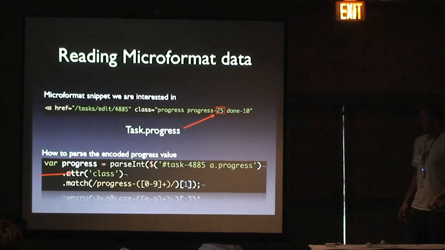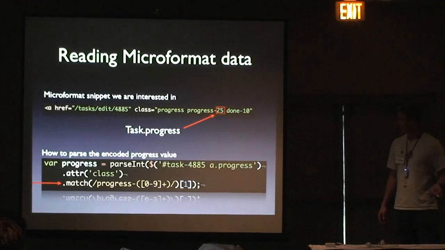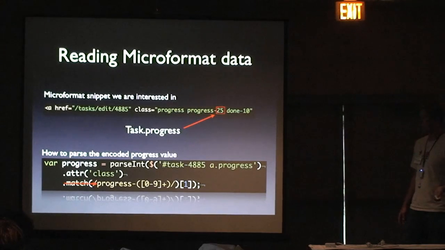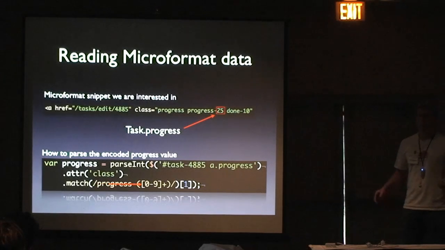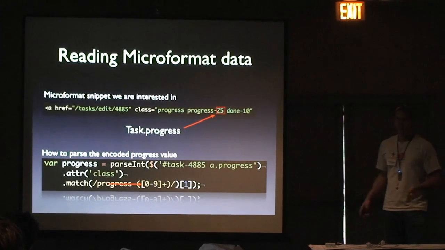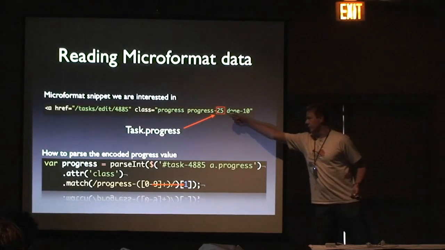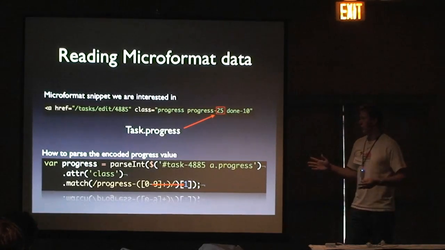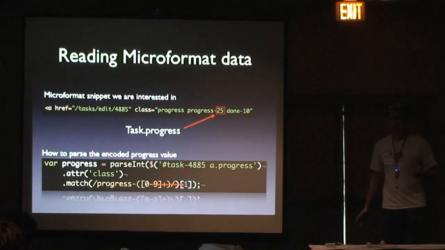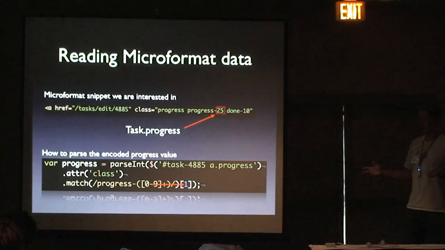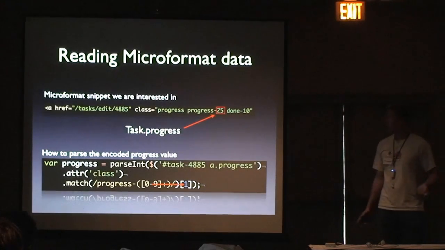And now we run a little regex on the string, and we're simply looking for the string progress, followed by a dash, then by any amount of numbers, and we capture those numbers in a group, and the return value, which is essentially the 25 as a string, we're going to return into the parsing function, which then turns it into an integer. So that's how we, for example, can read the progress.